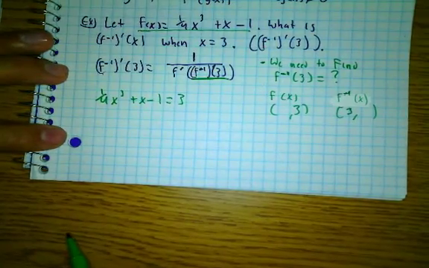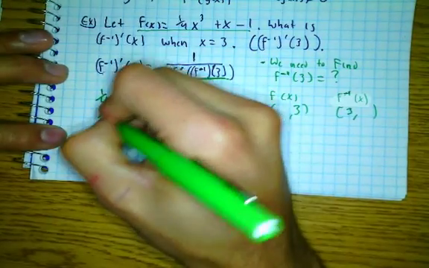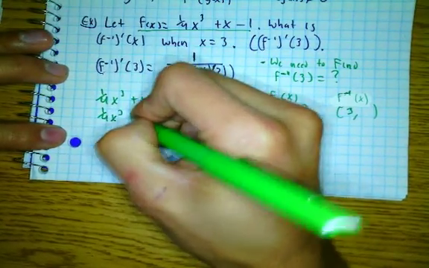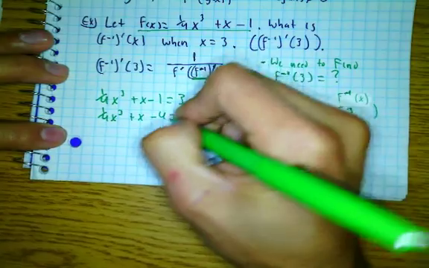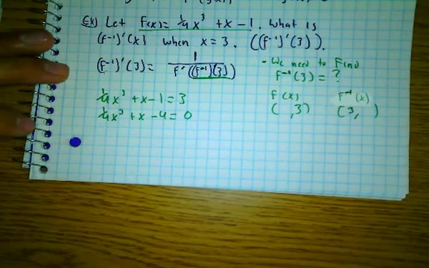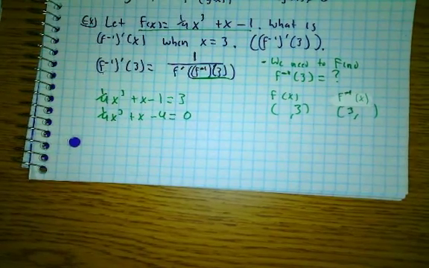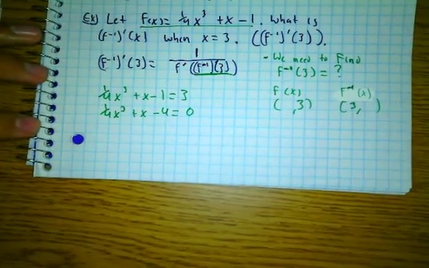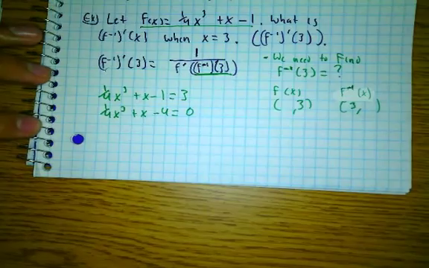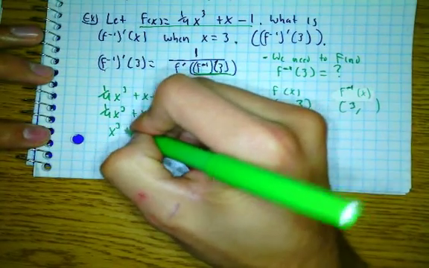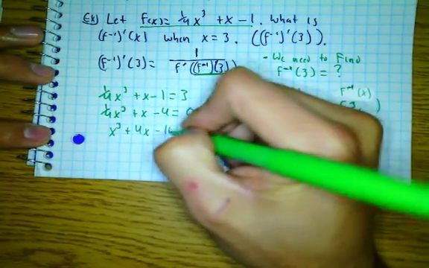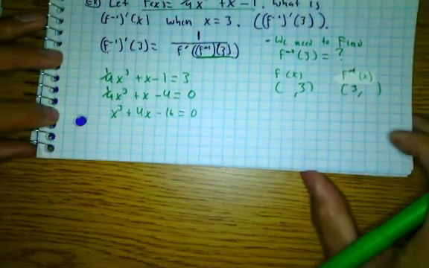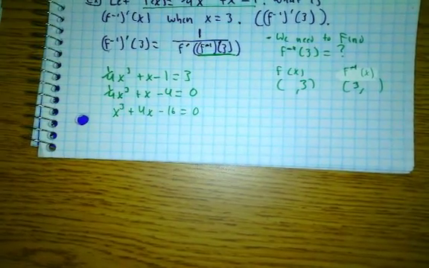Which means that 1/4 x to the third plus x minus 4 equals 0. Right? I'm going to be honest with you, I don't like fractions at the beginning, so can I multiply both sides by 4? So then this becomes x to the third plus 4x minus 16 equals 0. Yes? And at this point you're like, well crap, this doesn't factor out.